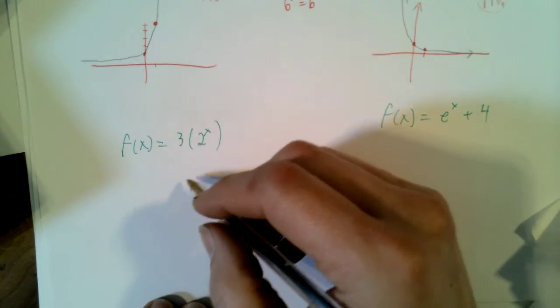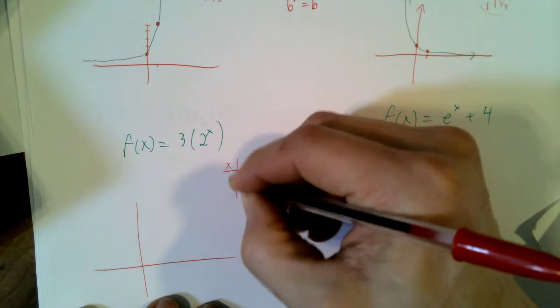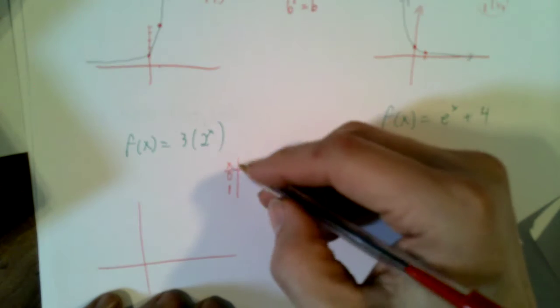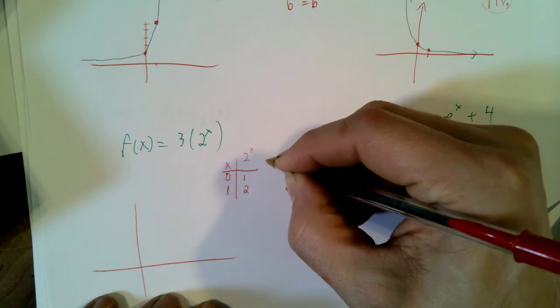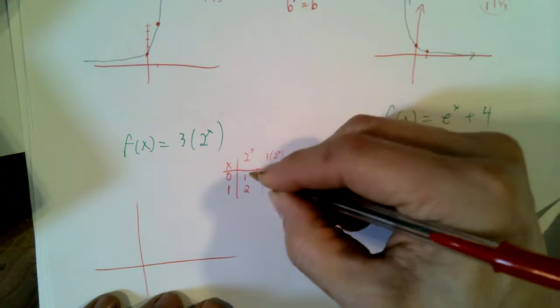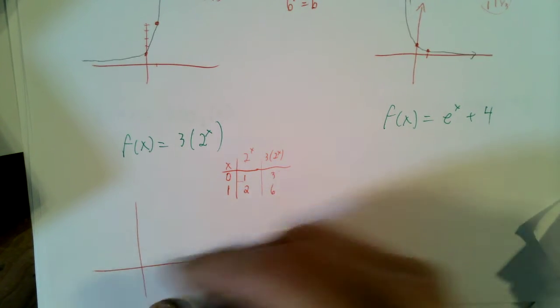If I have transformations, I might build a little bit bigger table. I'm still thinking, what if my exponent is 0 and what if my exponent is 1? I get 1 and the base for 2 to the x. And then 3 times 2 to the x is just going to stretch it vertically, so my y values will be tripled. It'll go through 0, 3, and 1, 6.